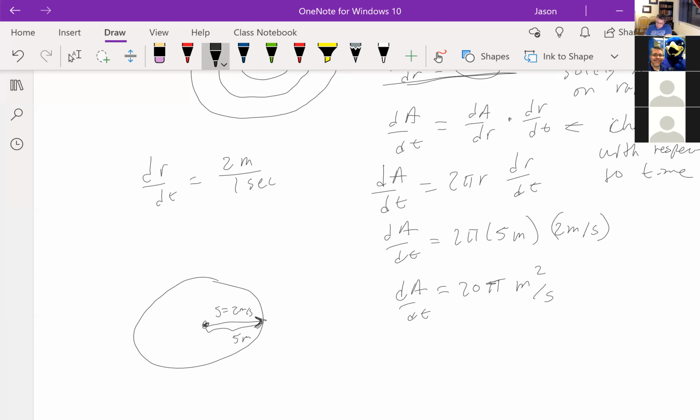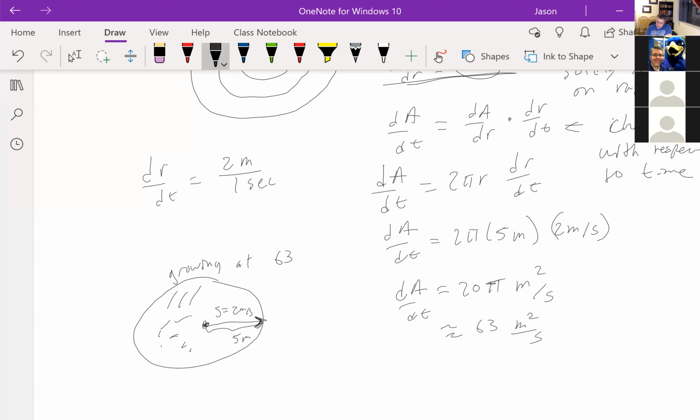The area is growing at 20 times pi. Well, 2 pi is 6.28, so this is going to be 62.8, or roughly 63 square meters per second.